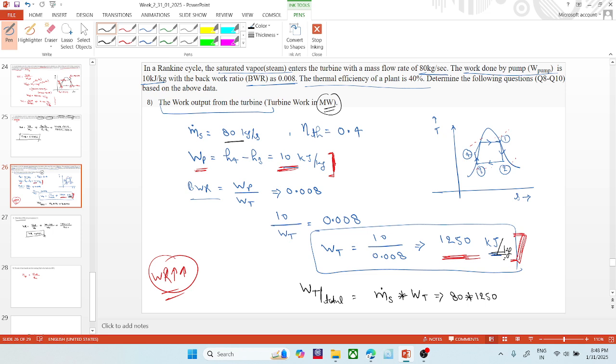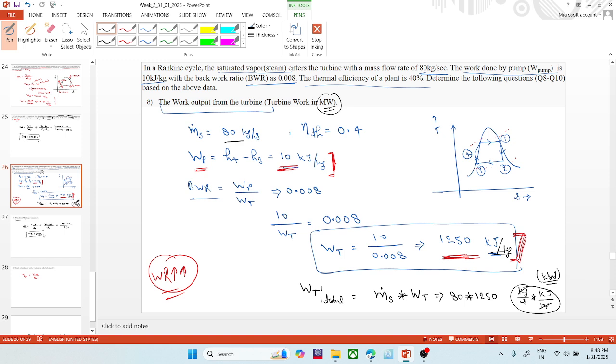The unit will be kg per second into kilojoule per kg, so kg to kg cancelled, and kilojoule per second becomes kilowatt. Do you have any doubt how the unit becomes kilowatt?